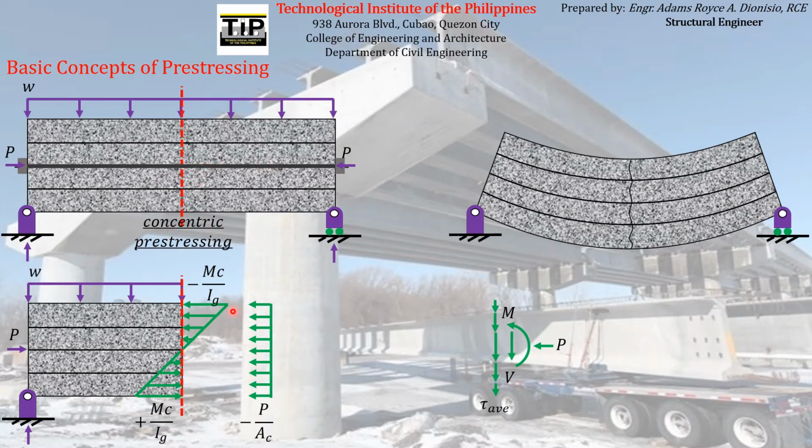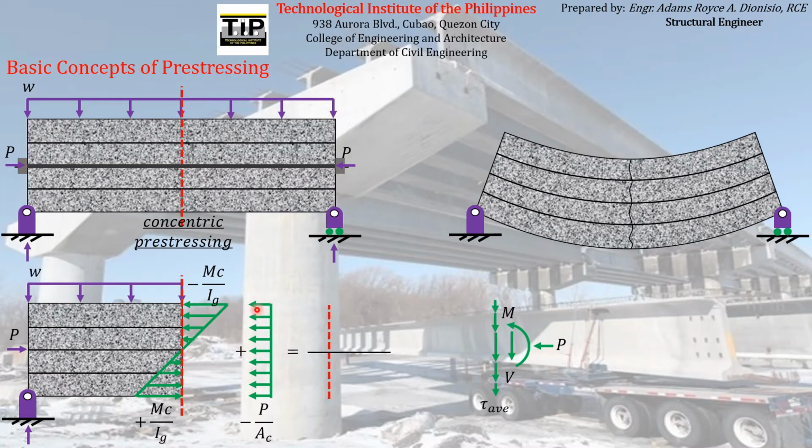But since we have put concentric pre-stressing, thereby producing this uniformly distributed axial stress, the total stress experienced by this particular cross-section is the sum of these flexural stresses resulting from the bending moment and this uniformly distributed axial stress resulting from the compressive force from the pre-stressing reinforcement. If you add these, the result will look something like this.